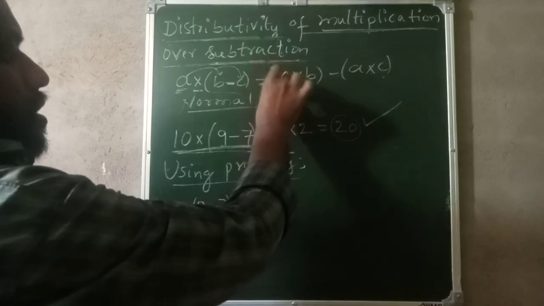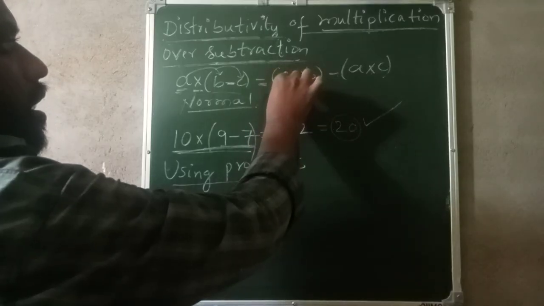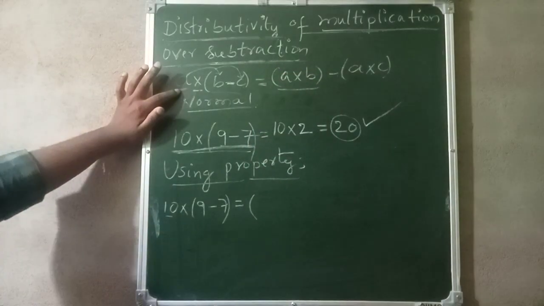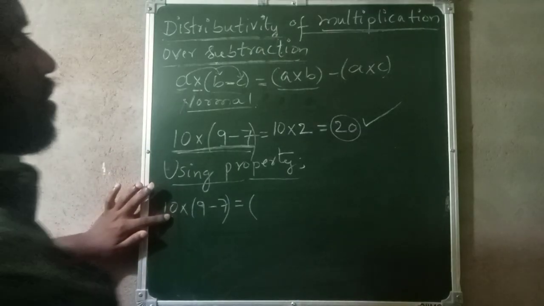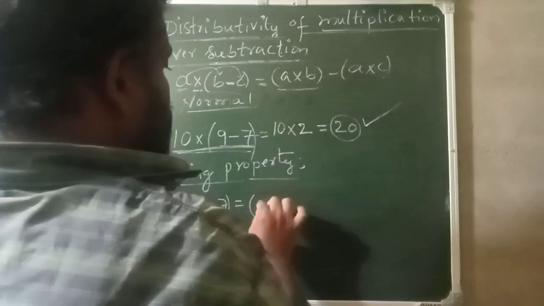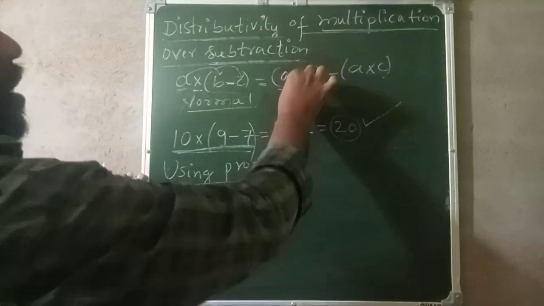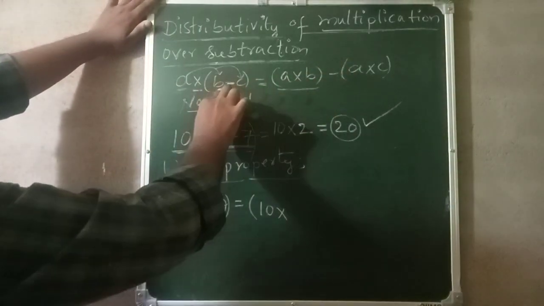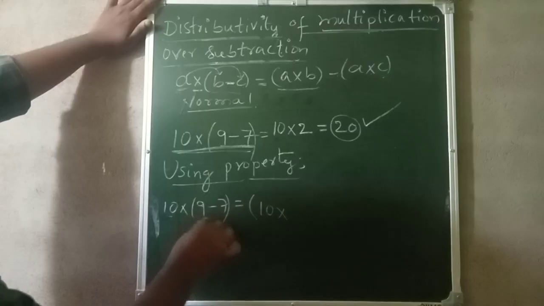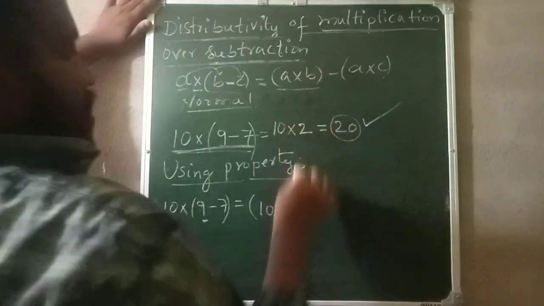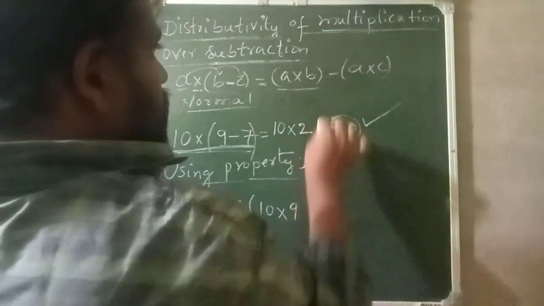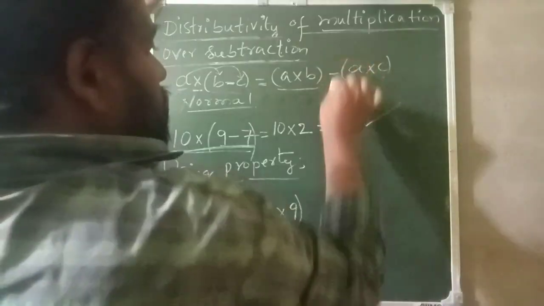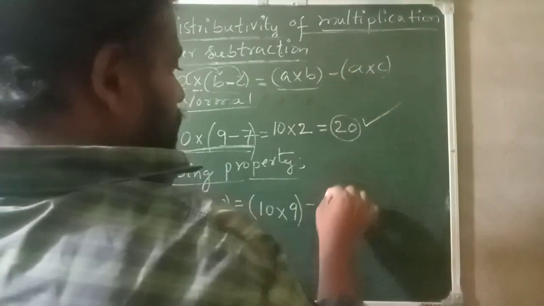Before that, bracket A. So in place of A we have 10. So in place of A write 10 into next to B. So in place of B we have 9. So in place of B write 9. Close the bracket. Minus, open the bracket.